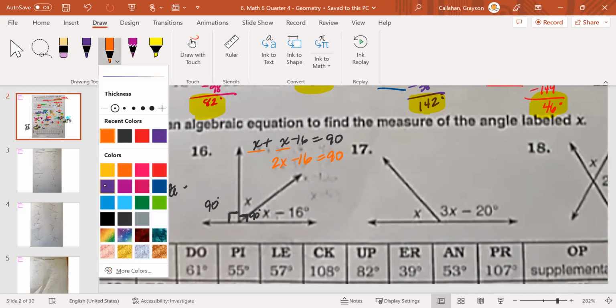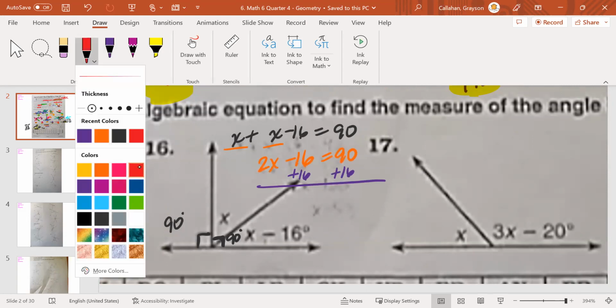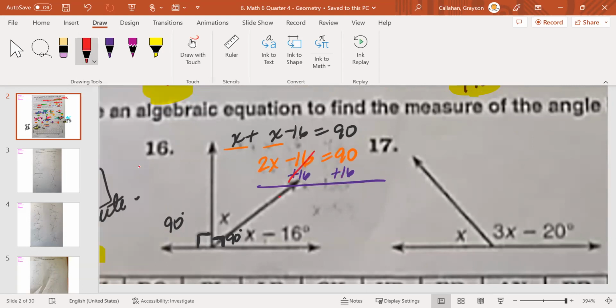What do you want to move first? Opposite of a negative is a positive. That part cancels. Bring down the 2x equals 106. When I divide it, x equals 53 degrees, right?